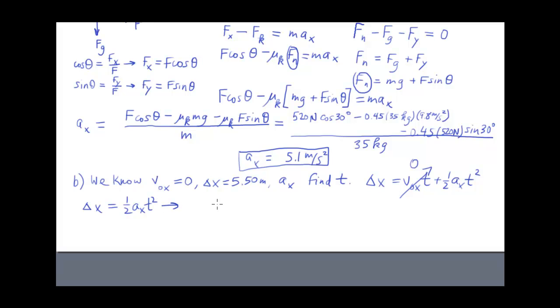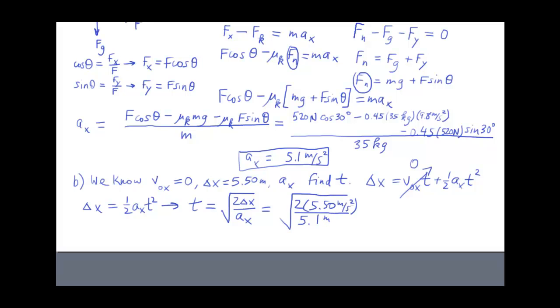So solving this for t, we can first solve it for t squared and then take the square root. And when we do all that, we'll get the square root of twice delta x over a sub x. So here, to plug all the numbers in, we get twice 5.50 meters divided by 5.1 meters per second squared.